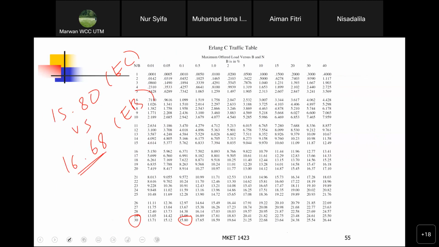So if you delay, you allow the user to wait for a while, then you are putting resources. So those resources go into entertaining the delay, not into producing the traffic. You can see Erlang B having higher intensity compared to Erlang C when the number of trunks is the same and the number of calls is also the same.